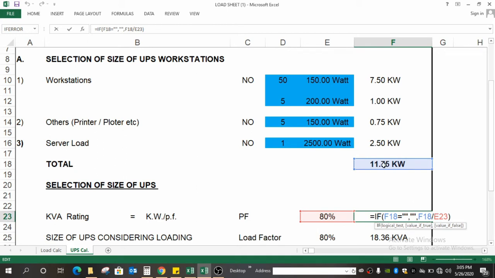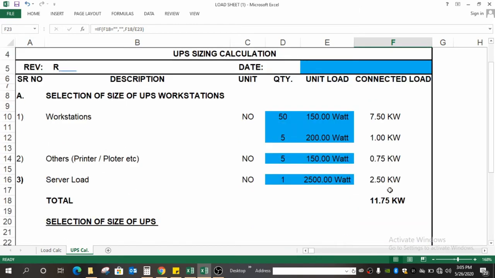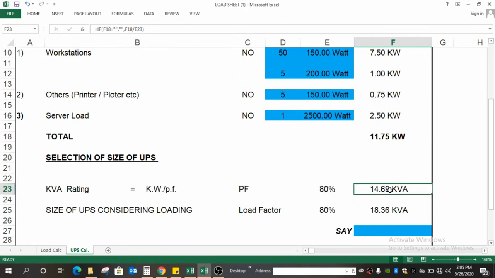This is F18 and this is E23. 11.75 divided by 80% comes to 14.69 kVA. This is the actual kVA rating of UPS we need.